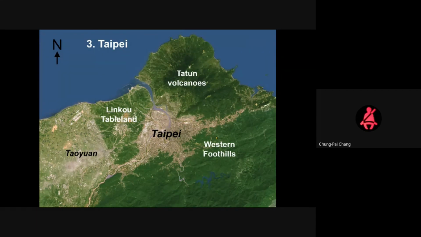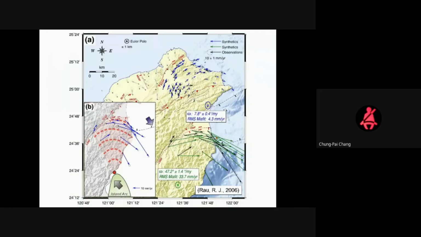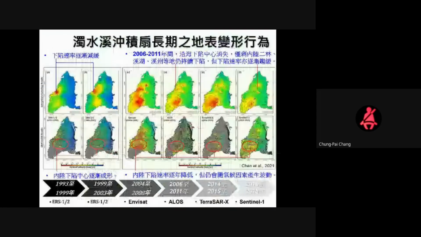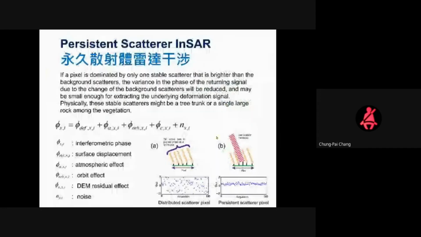So we try to use this technique, PS-Yin SAR. Sorry, maybe I forgot to mention that. This persistent scatterer Yin SAR technique tries to find the deformation of Taipei and the surrounding area.